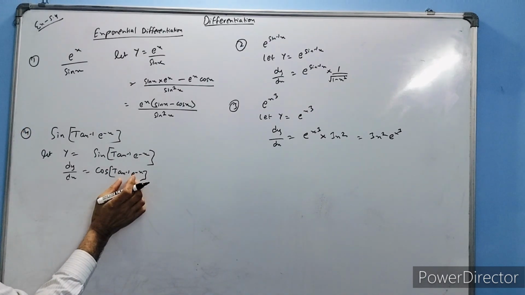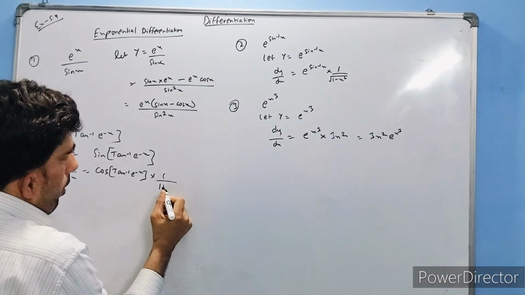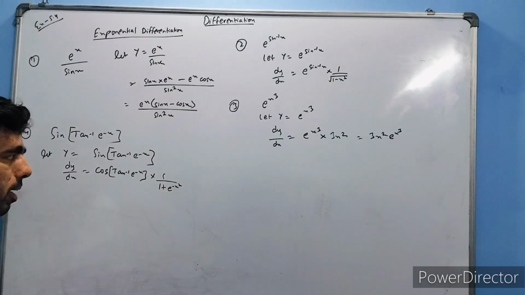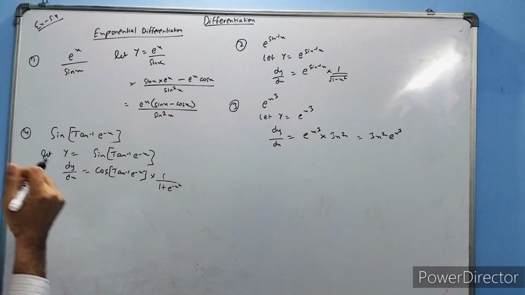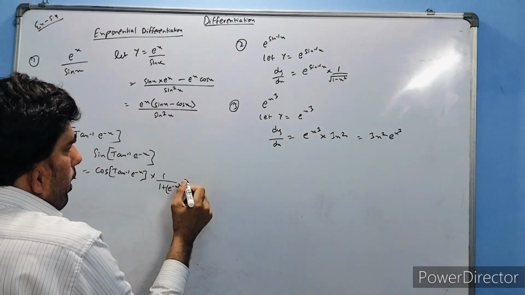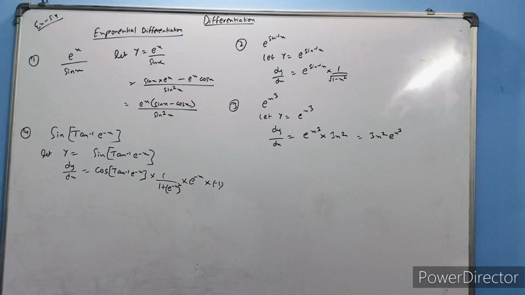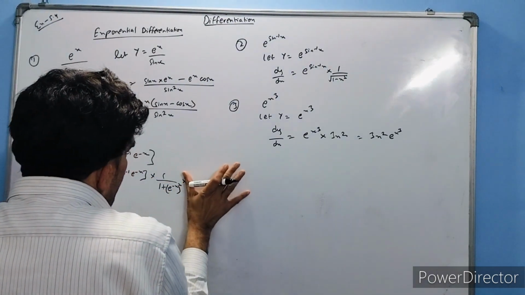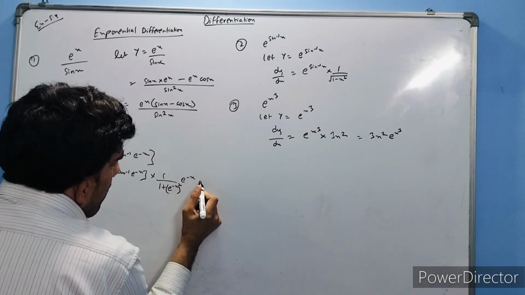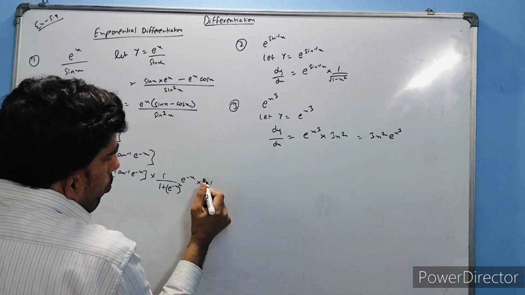Now differentiate this. Differentiation of tan inverse x will be 1 upon 1 plus x square, so we have 1 upon 1 plus (e raised to power minus x) square into differentiation of e raised to power minus x, which will be e raised to power minus x into differentiation of minus x, which is minus 1.